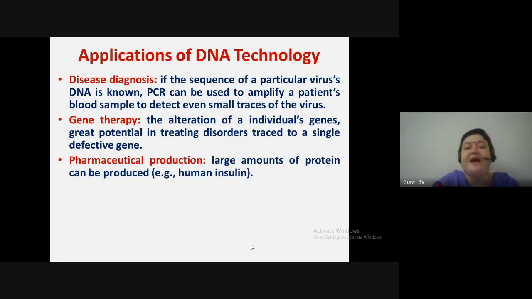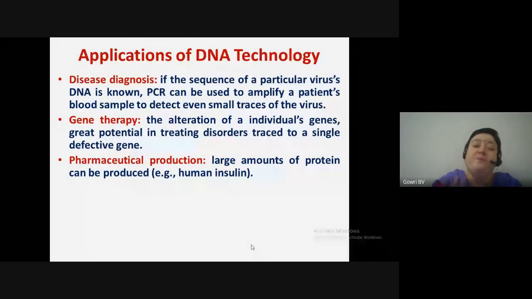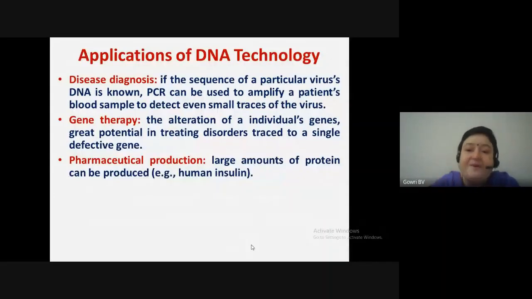You can generate human insulin, interferons, tissue plasminogen activator, hormones, antibiotics, vaccines, everything by means of DNA technology. One example I have given is Humulin or human insulin. Large amounts of proteins can be produced.